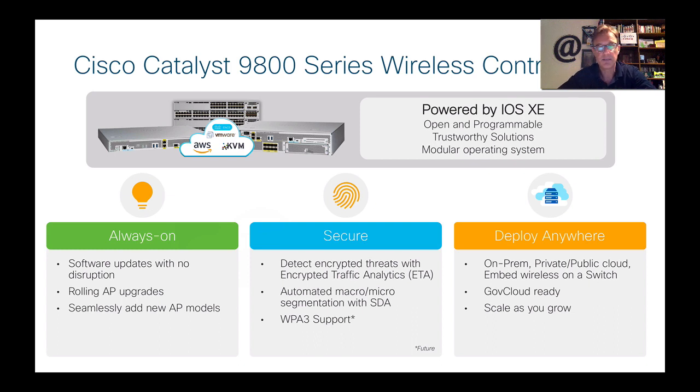So this is very important because we can now leverage for wireless all the innovation and the features that have been developed for iOS XE. For example, the programmability piece or the trustworthy solution.